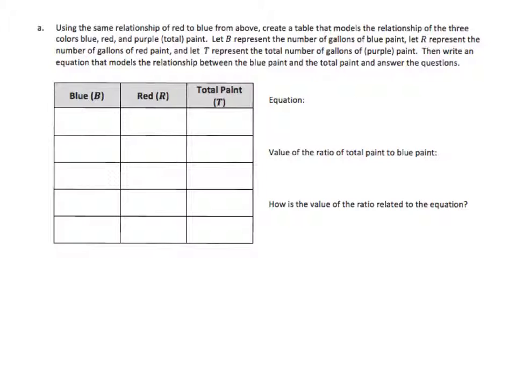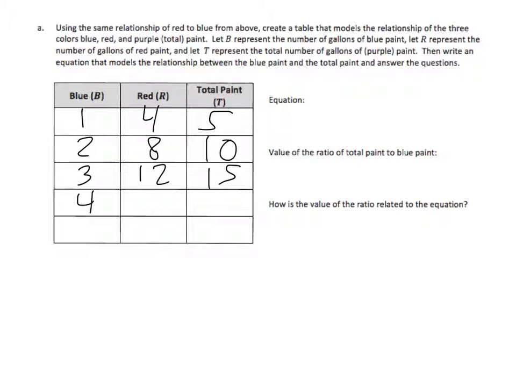So again, let's start. We had how many gallons of blue? 1. Our original ratio to 4 red. Well, how many total gallons would that give us? That would give us 5 total gallons. Okay, well, let's look at the second. Let's double it. 2 and 8, which is going to give us 10 total gallons. Multiply it by 3. This is going to give us 3 and 12, which is going to give us 15 total gallons.